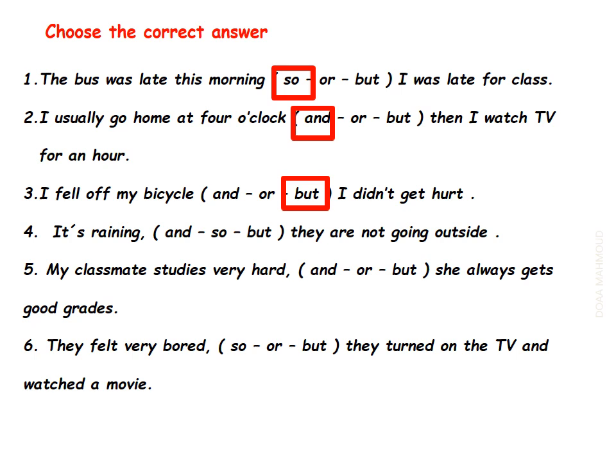Number 4, it's raining, so they are not going outside. Number 5, my classmate studies very hard and she always gets good grades.